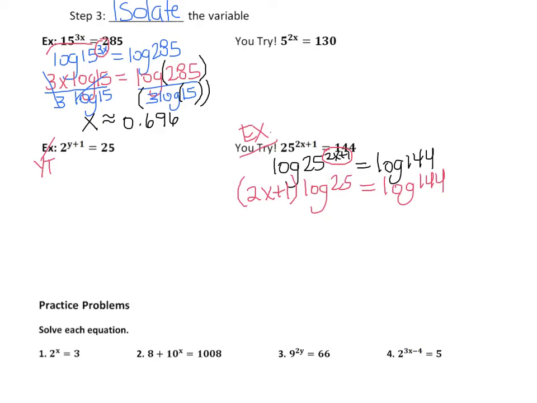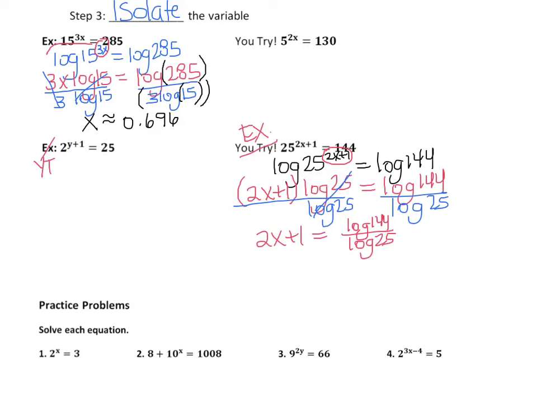Now to isolate my variable here, it's going to take a few steps. The first step is dividing. So I'm going to divide by log of 25, and that'll cancel out the log of 25. And so I get 2x plus 1 is equal to log of 144 over log of 25.